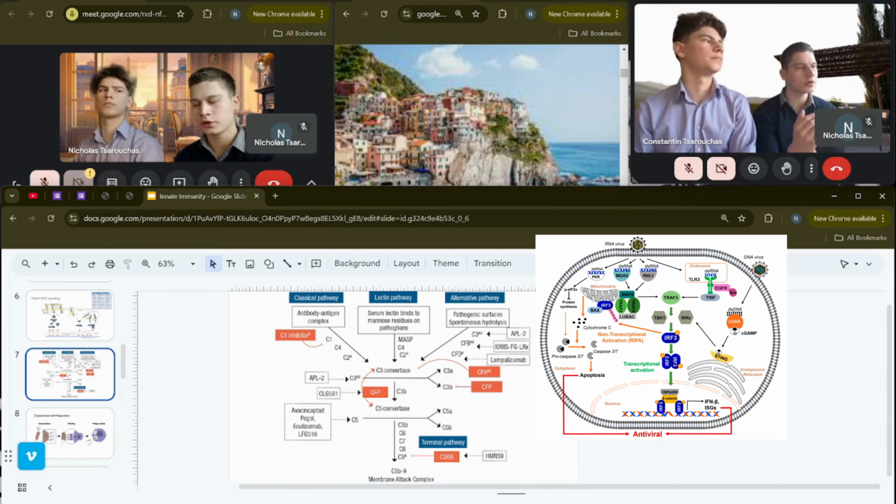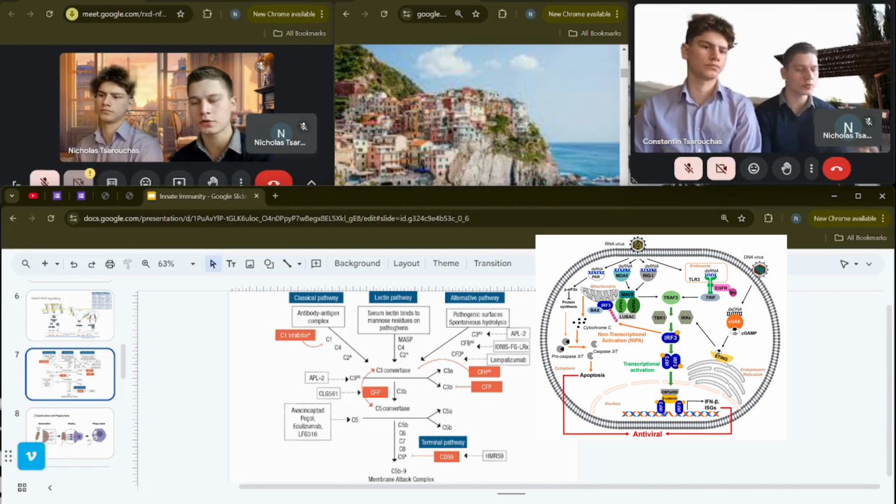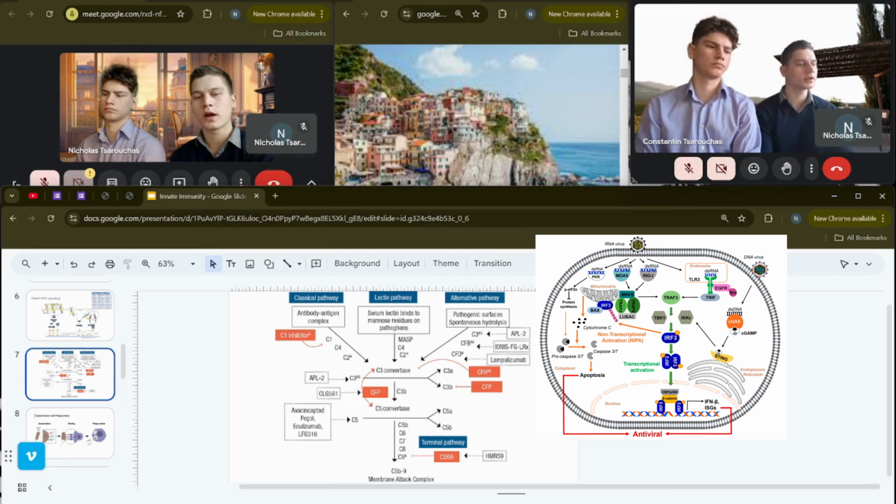You're not using your adaptive immune system, right? It will be present throughout your life, really. An autoimmune-like disorder because you're breaking down your own tissues, right? Through complement activation on host cells. You don't have this adaptive.